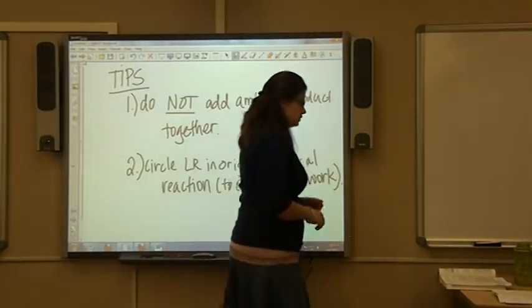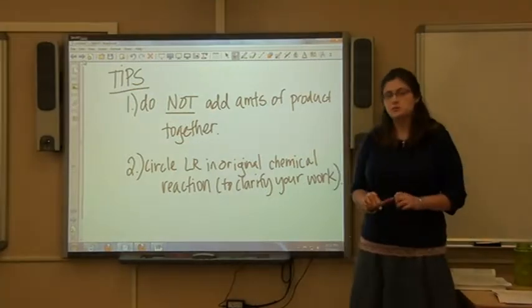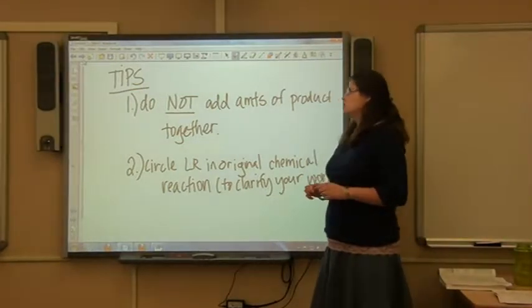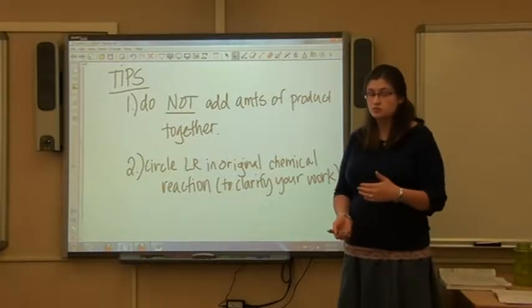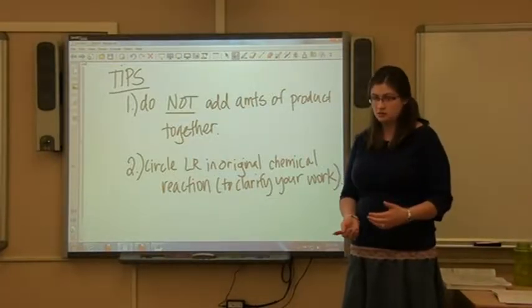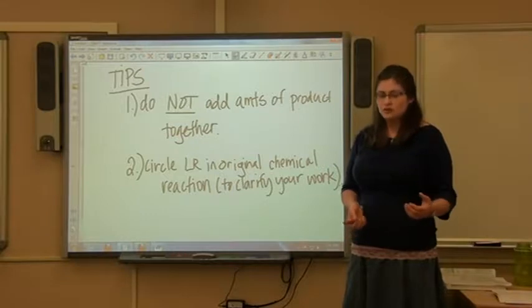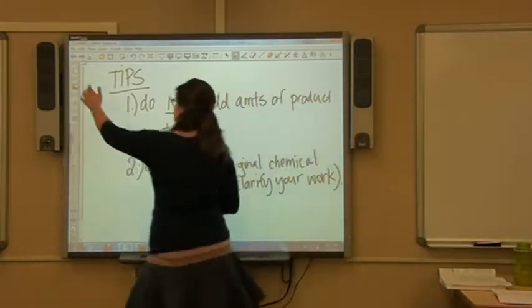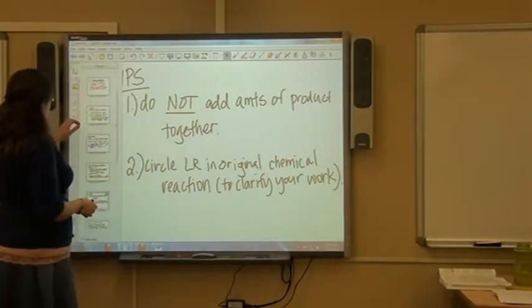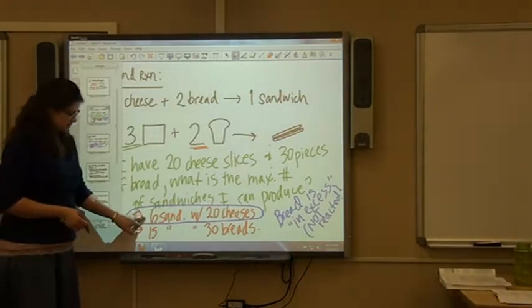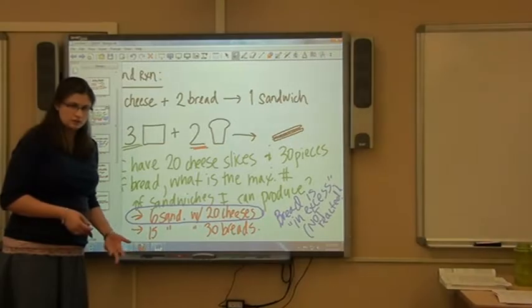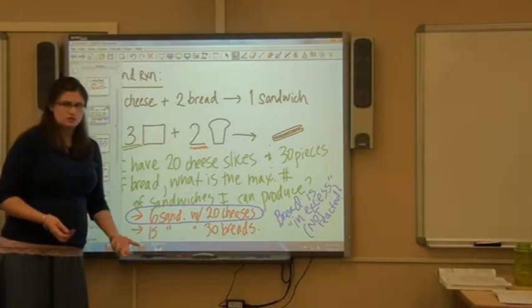Okay, just a few tips for you. The first tip is a major mistake that a lot of students make: we do not add the amounts of products that we get from steps 2 and 3 on the previous slide together. Just like we didn't add together the bread and the cheese, we didn't take the 6 and the 15 and add them together to come up with some ridiculous number like 21.